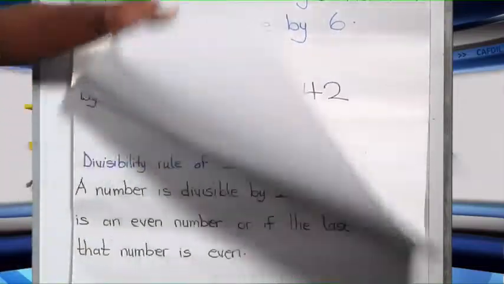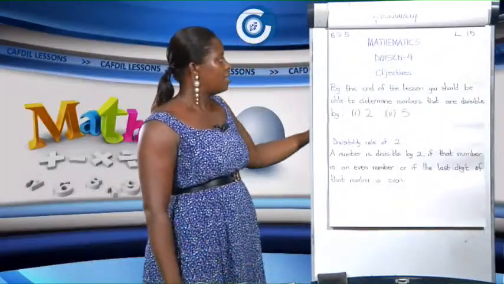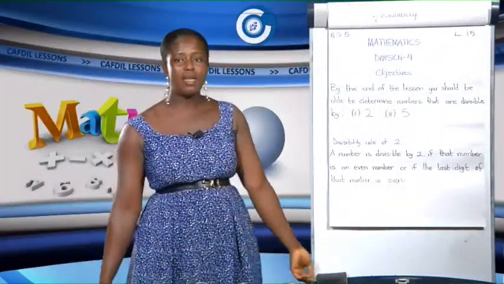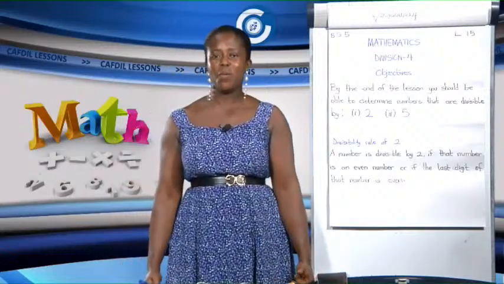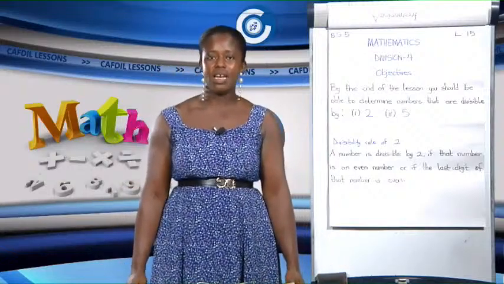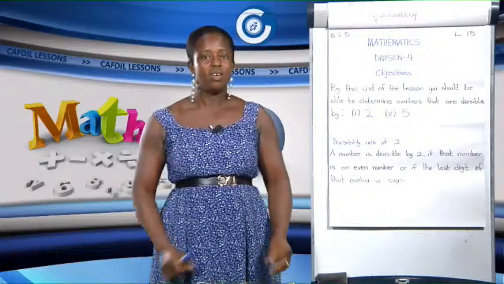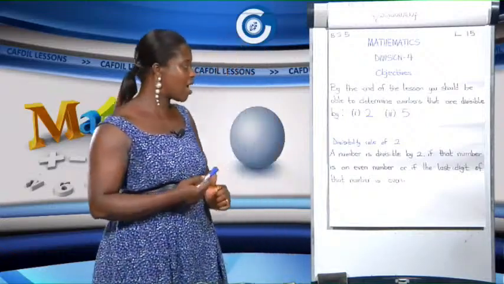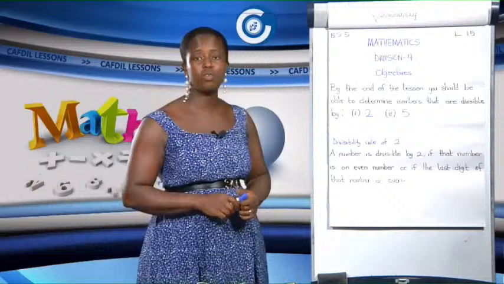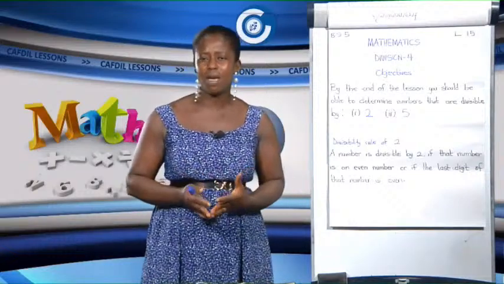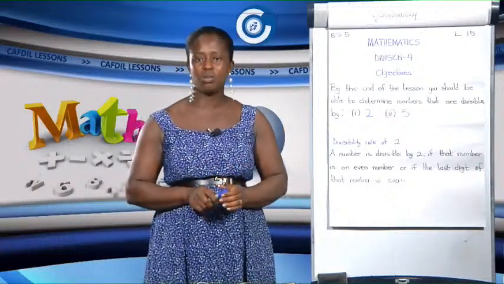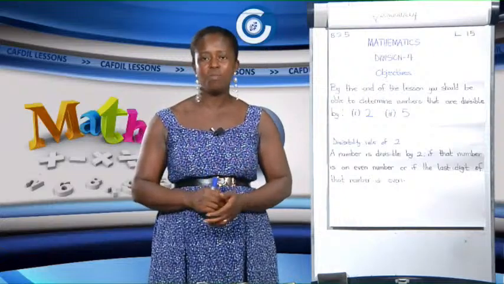On today's lesson, you should be able to determine numbers that are divisible by 2 and then 5. So let's look at the first part, the divisibility rule of 2. Before you can determine if a number is divisible by 2, there is a rule you must follow.